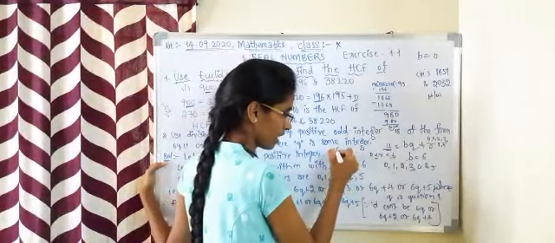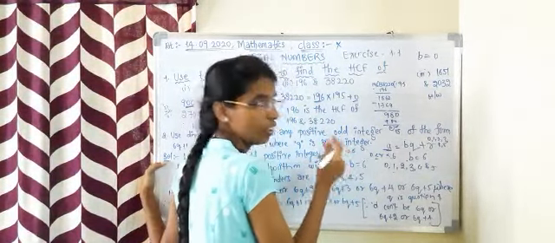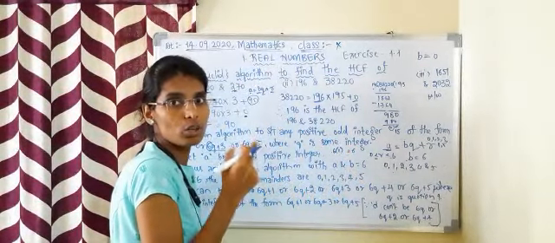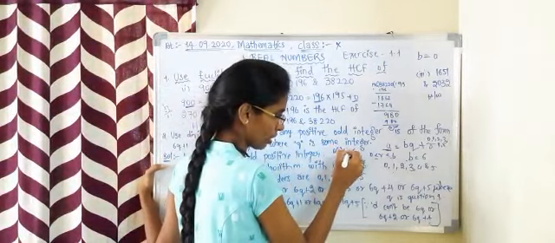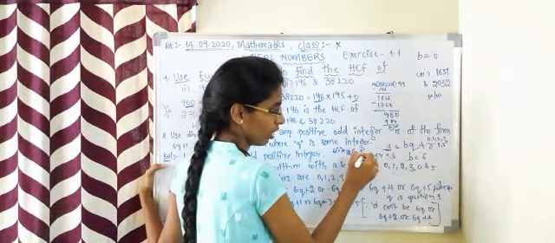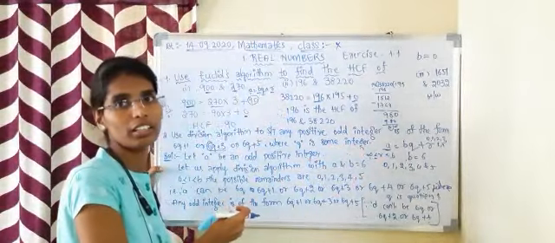Because 6q is a multiple of 6, which is an even number. 6q plus 2, for example 6 plus 2, which is 8, is an even number. So it will not be applicable here.